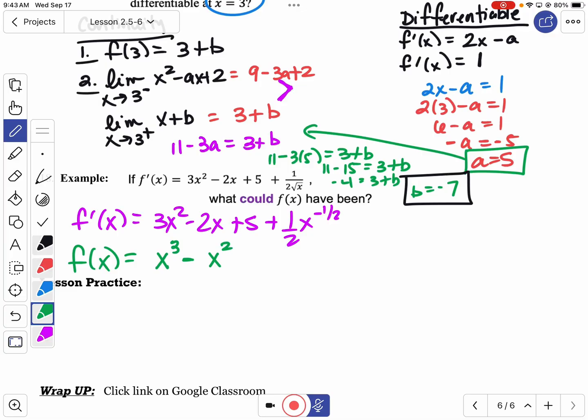Does that take care of the coefficient? Yep, derivative of x squared would be 2x. What would I have to start with to get a plain 5? 5x. Okay. This one's a little bit harder, okay, because I got an x to the negative 1/2. All right. What would I have had to start with?